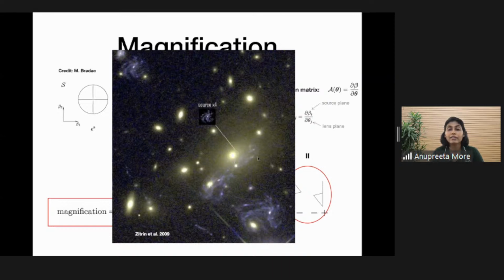And here you can see additional images which are distorted and magnified in different ways. Here you can see there is an isotropic scaling happening. There are furthermore images which are located here. It's somewhat difficult to see the flipping of the image here, but if you take a look at this particular reference, you might get an idea of how some of these images are inverted versions of the true source that's shown here.